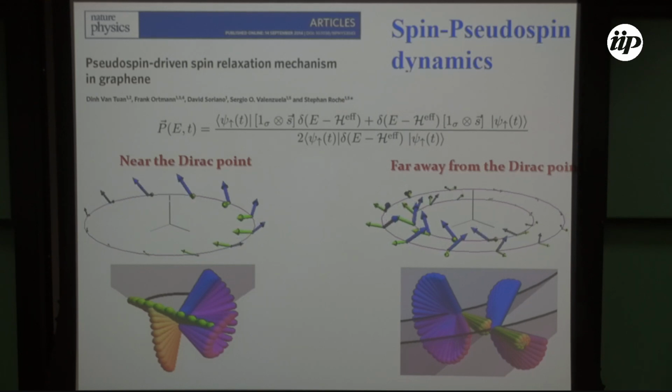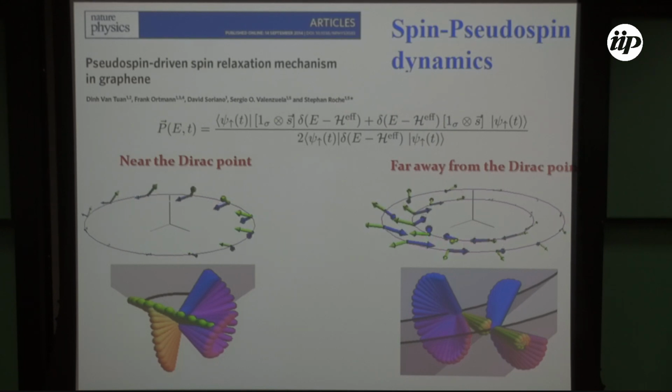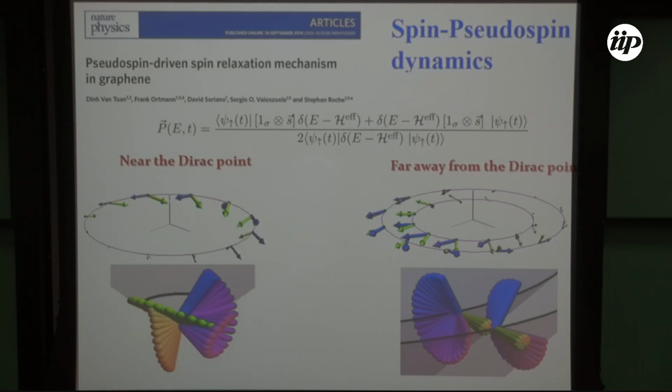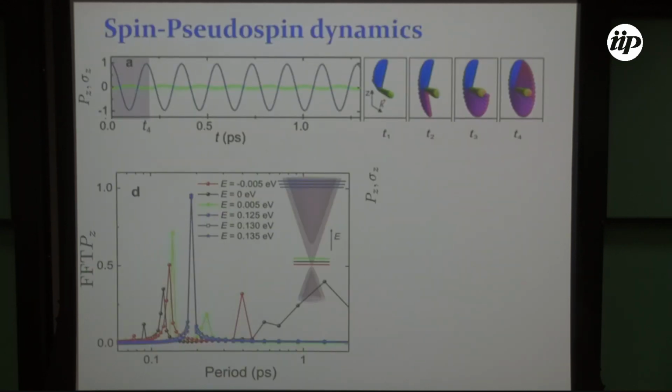Actually, this is what we show: when you are far away from the Dirac point, in a system with weak disorder, your two dynamics, spin and pseudospin, are decoupled. But when you get closer to the Dirac point, things are completely entangled, and the dynamics are completely different. This is expressed, in particular, with the spreading in energy of the spin precession frequencies, which is the key element to understand why at the Dirac point spin relaxes faster.